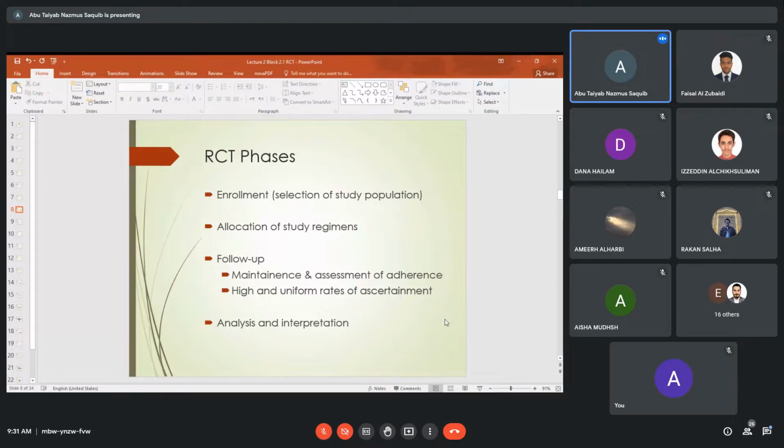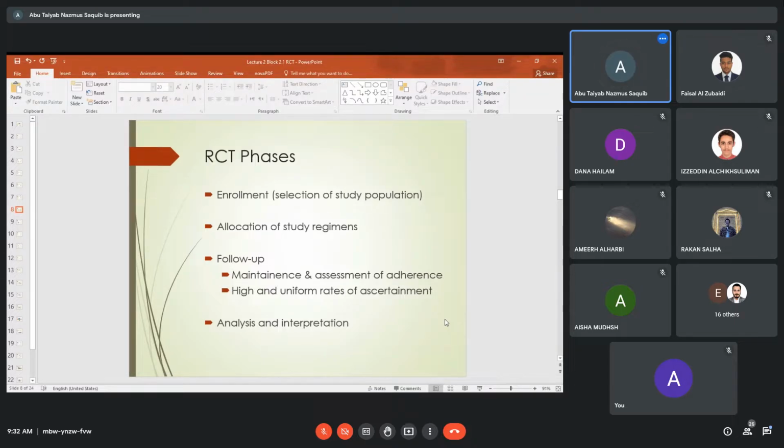Because of that, an RCT in humans is very difficult. But if you want to do an RCT with animals, with guinea pigs or mice or any other animal, it's easy, because animals don't have that freedom. So that's why doing an RCT with humans is a very, very daunting task.